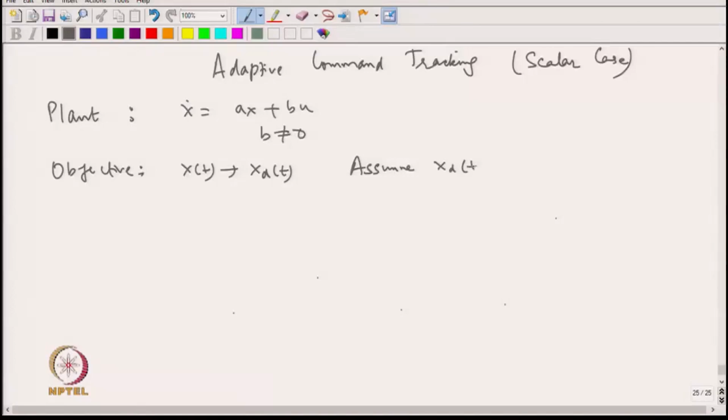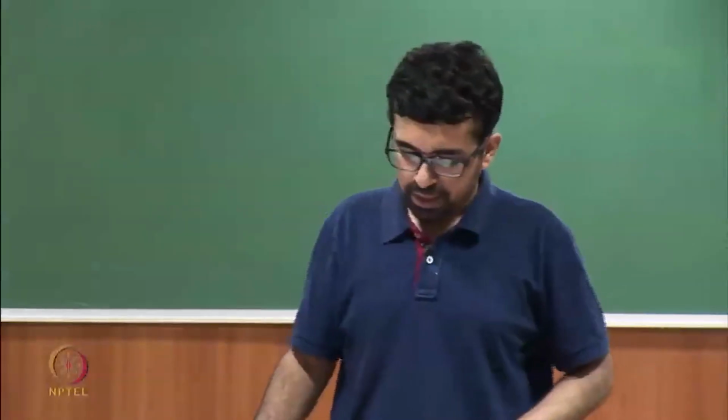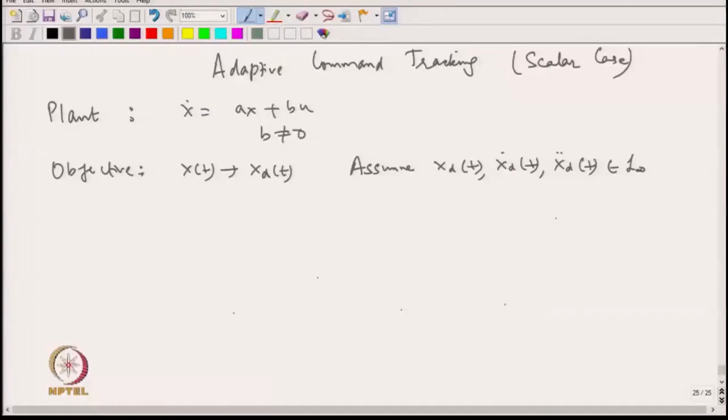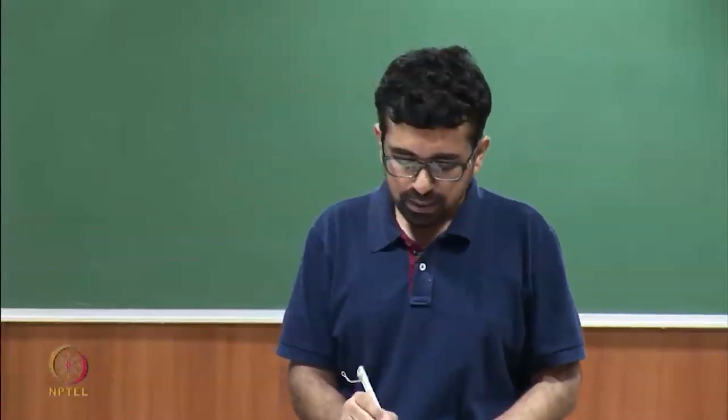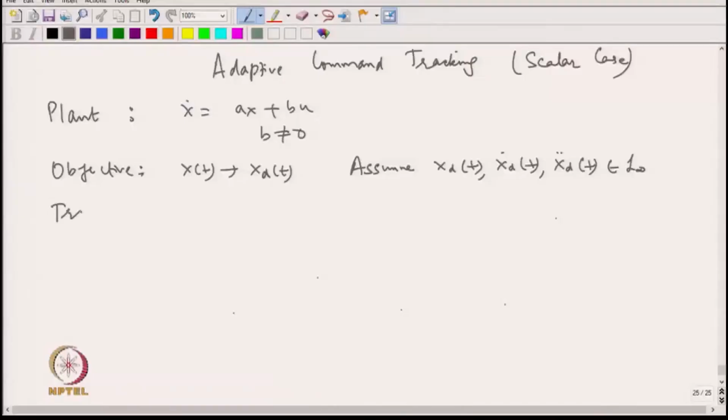So, we say that x d of t, up to the second derivative, is bounded. We will see where this assumption is used. Okay. Whenever we are given a problem like this, we always start with the tracking error.